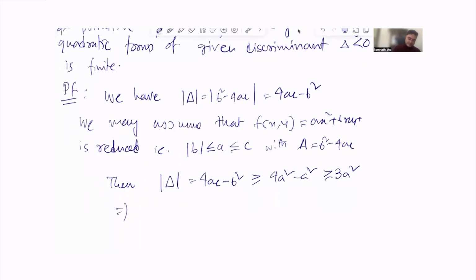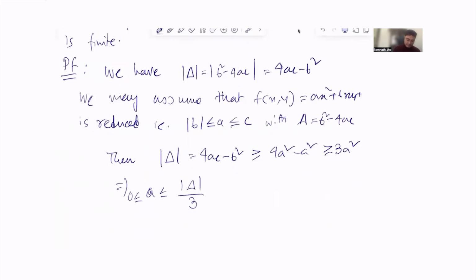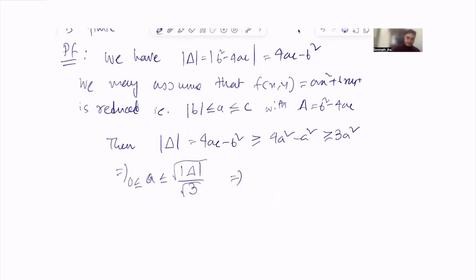So this implies a is less than or equal to the square root of mod delta by 3, right? So this implies there are only finitely many choices of a.